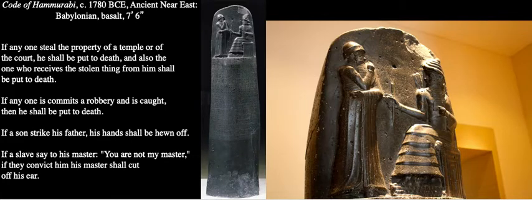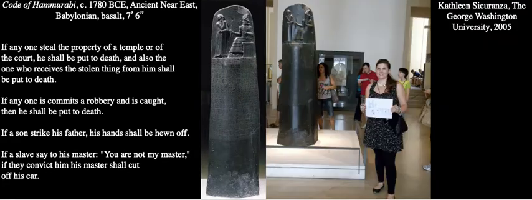This, like the palette of Narmer, is a really deep relief that at first you don't notice until you visit in person. And one of the great things about my job is students will take it and eventually end up somewhere fabulous, and they take pictures and send them to me. So way back in the fall of 2005, when I was just a young whippersnapper, I taught a class at GW, and Kathleen Scaranza, who's now, gosh, she's married now.